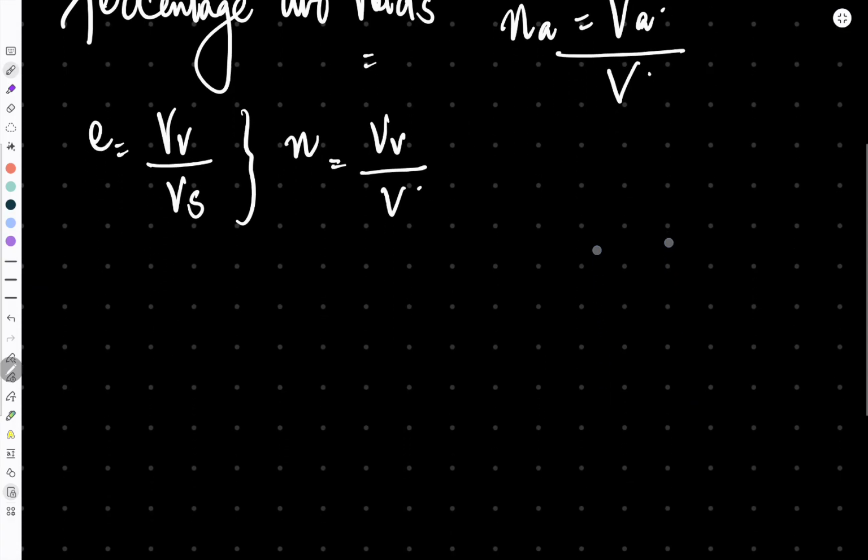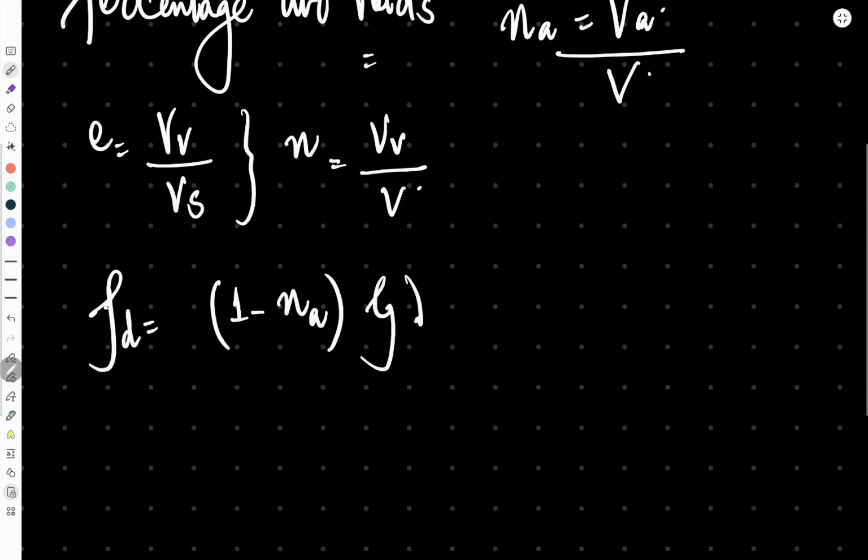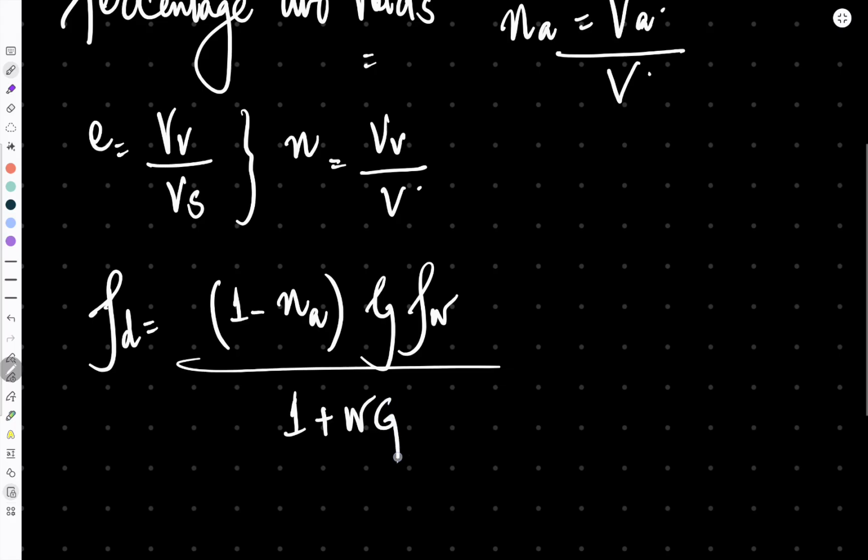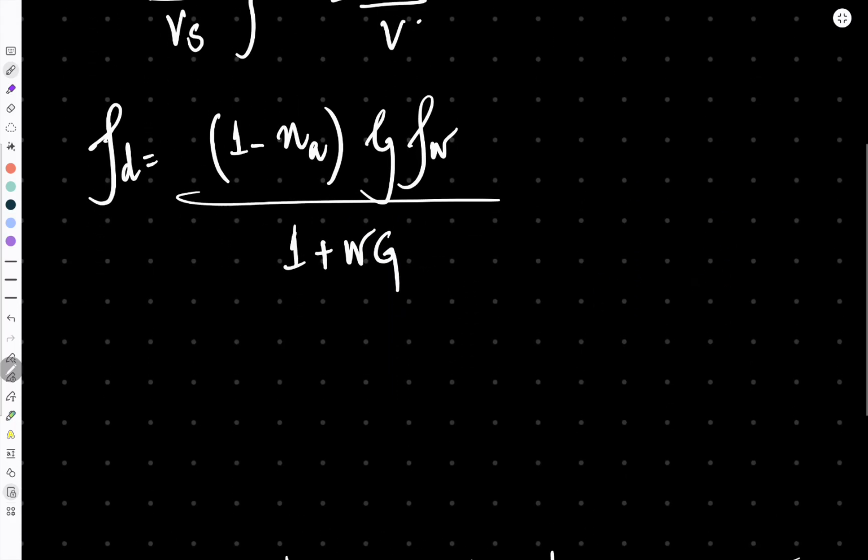Now we also know dry density. We have one equation wherein air content is incorporated, and I'll be showing you that expression for the dry density, that is (1 minus na) G rho w divided by 1 plus wG. See how I'll be substituting the values.